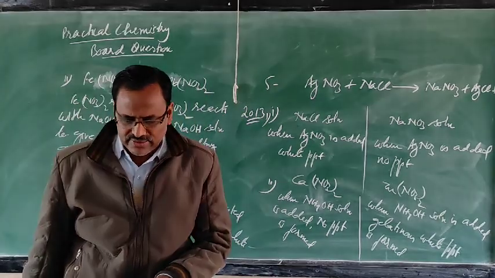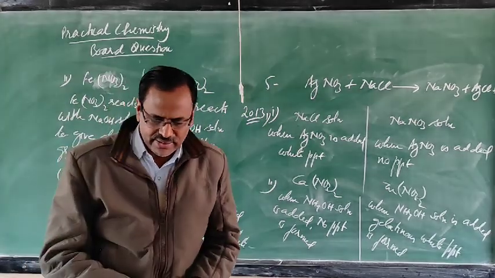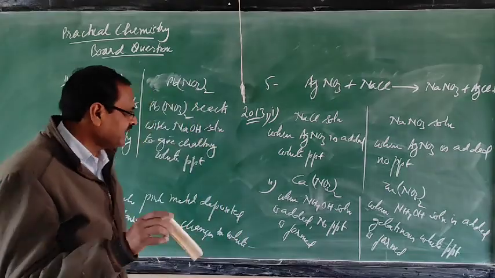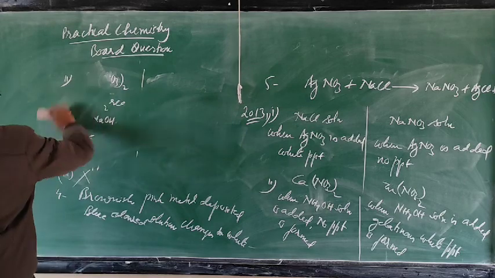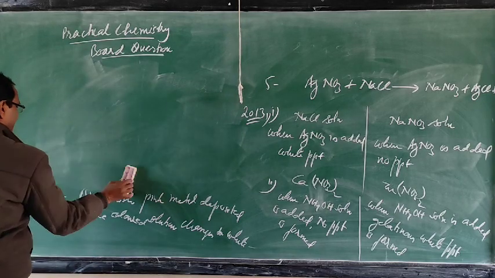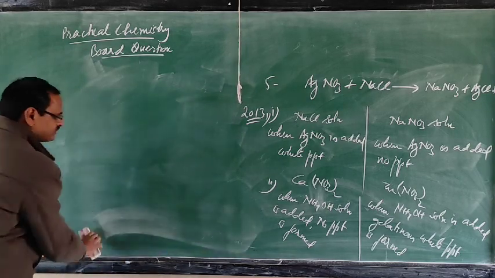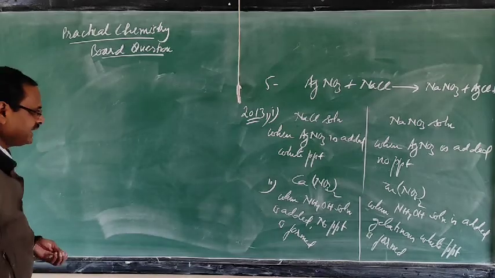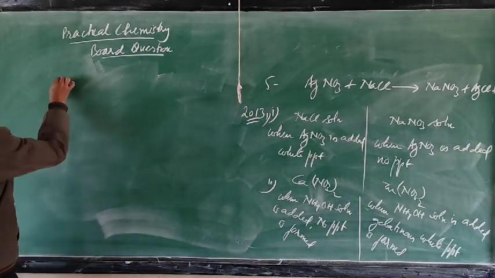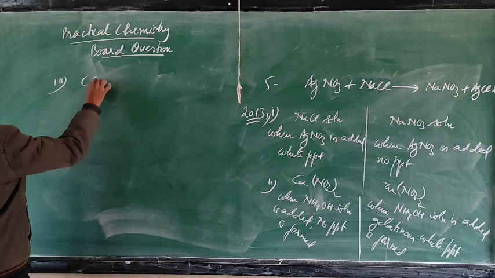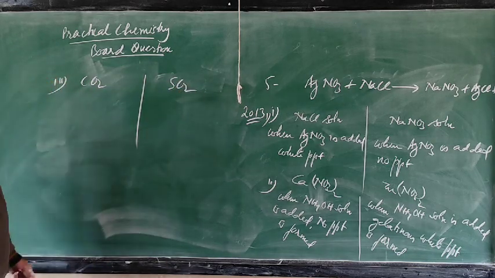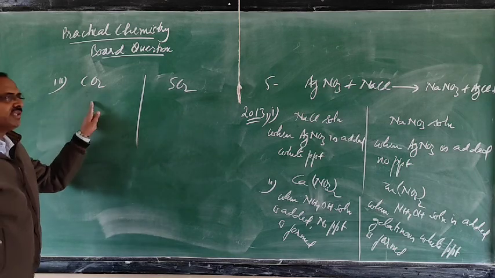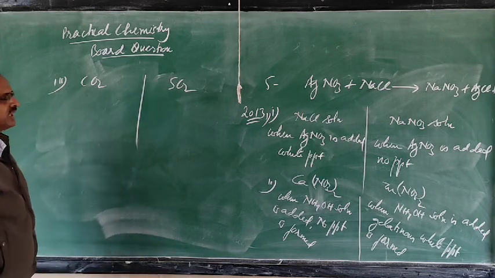Now the next, third one: carbon dioxide and sulfur dioxide. Take acidified potassium permanganate solution. For carbon dioxide no effect will be there.